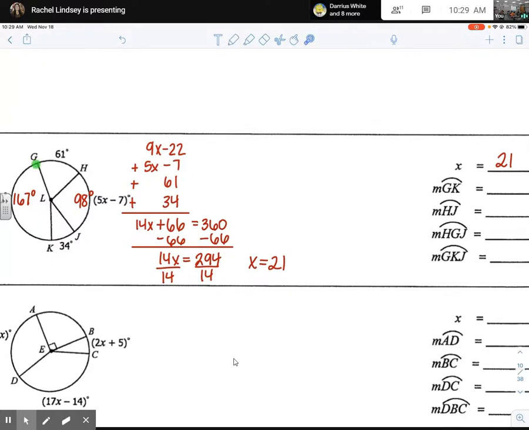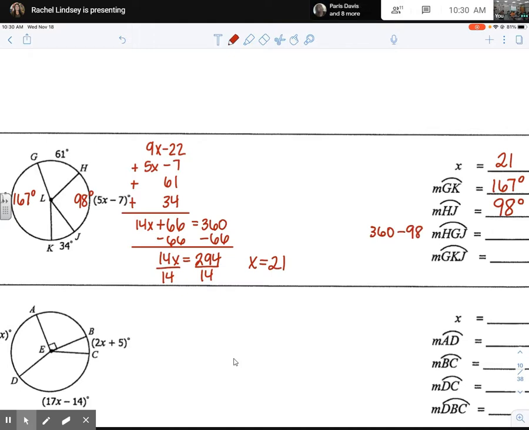So what is G to K? 167. H to J? 98. H, G, J. I think I know. You can do 360 minus 98.